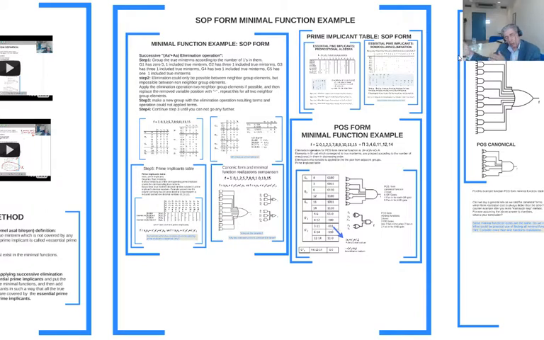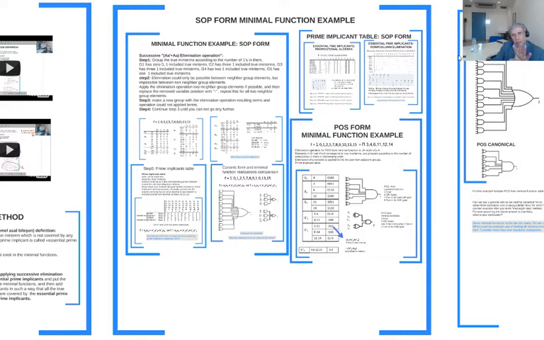The second is the definition of minimal function for product of sums form, that means OR-AND form realization. So in this frame we will be examining sum of products form minimal function. So how we are going to find a minimal function for a given function, in this form, sum of products form.